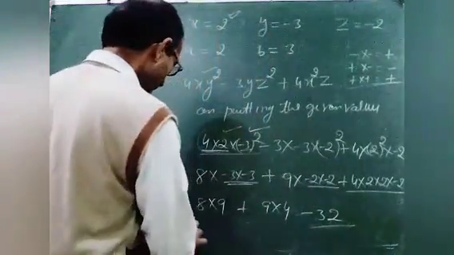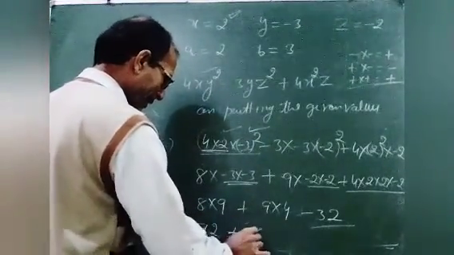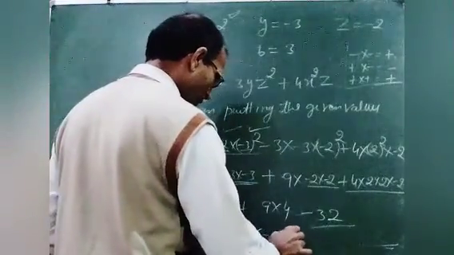So 8 times 9 is 72, 9 times 4 is 36, and minus 32.